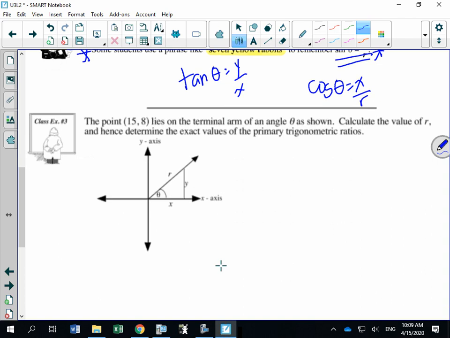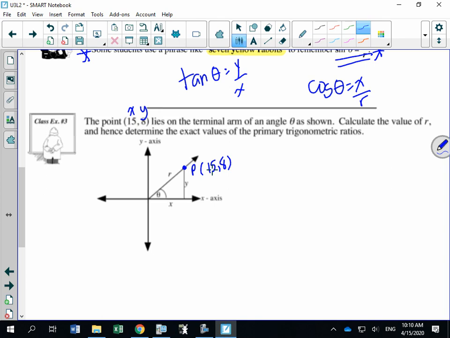The point 15,8 lies on the terminal arm of an angle shown. So that's my x value and that's my y value. I'm going to put that as point P, and they want that to be 15,8. Once you have that point done, label your two sides of the triangle.